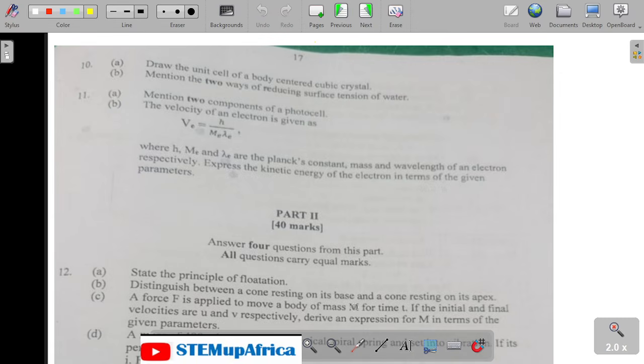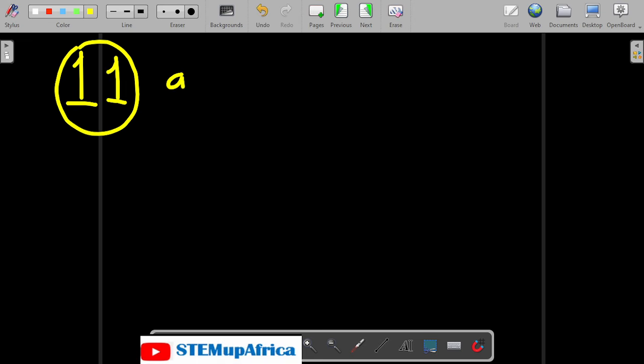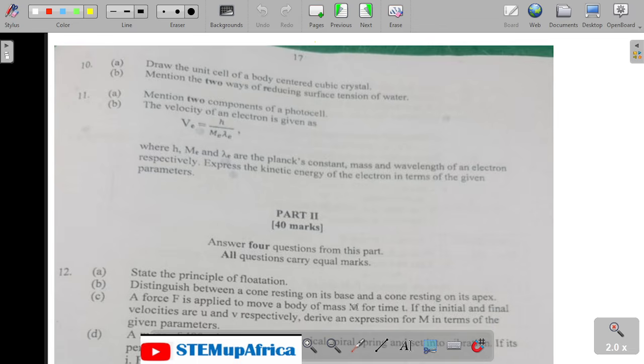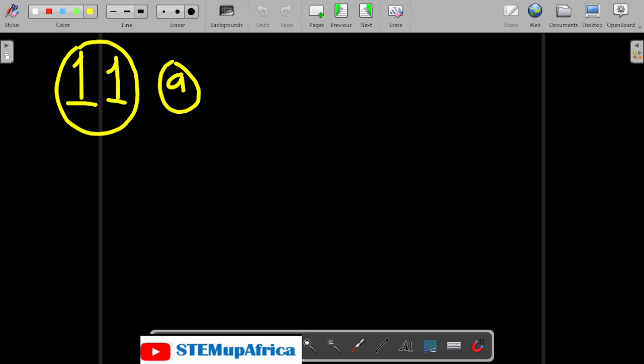Then question 11 says we should mention two components of a photocell. A photocell is under SS3 topic, if I'm not mistaken, and it's under cathode ray tube. So let's see number 11. The components of a photocell, I'm going to mention a few.